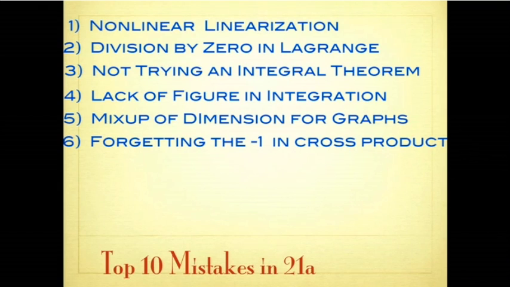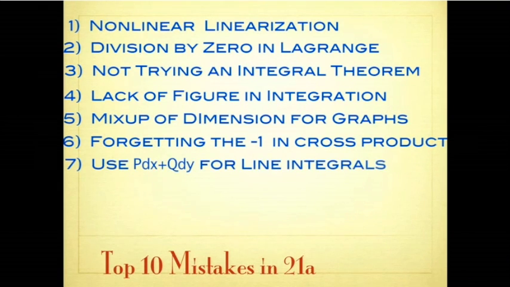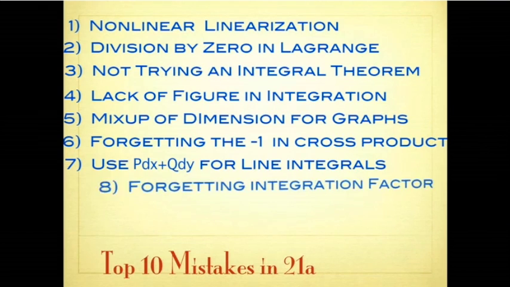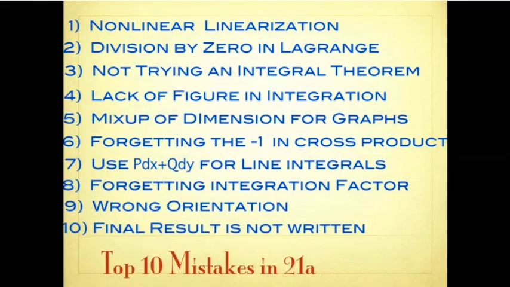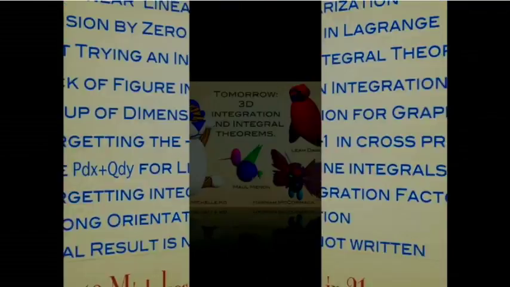Forgetting the -1 in the cross product, that's the middle term. Don't use these for line integrals, that's a source for mistakes. Forgetting the integration factor, the r factor or the rho squared sine phi factor, we will talk about this tomorrow. Wrong orientation, small mistake, don't worry too much about it, but get that. And the last one is not writing down the result. So that's the last thing.